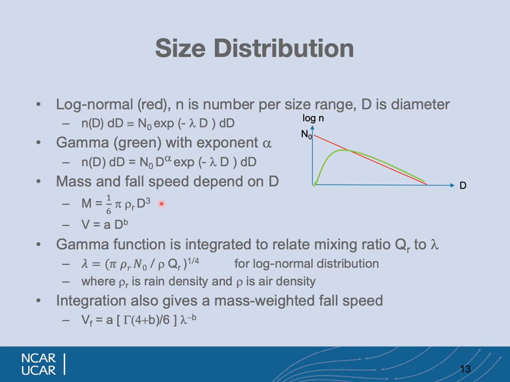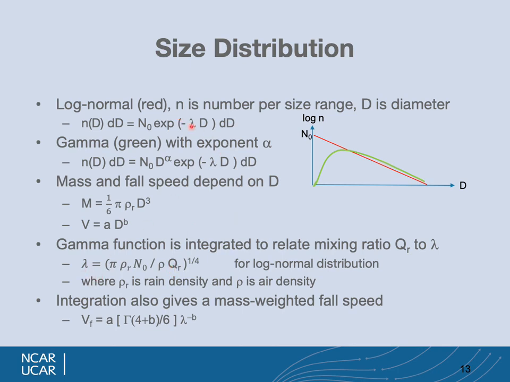When you have mass of a particle that's easily related to the diameter, this is an example for water, for example, and then you have the fall speed is also related to the diameter. It's usually a power of diameter. Then you can get lambda by integrating over the size distribution and relating the lambda to the actual total mass, and QR is the mixing ratio of rain, for example.